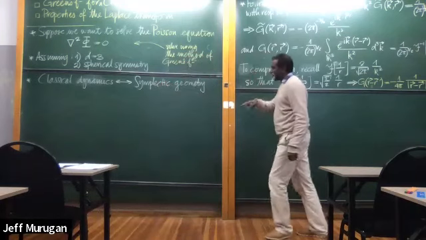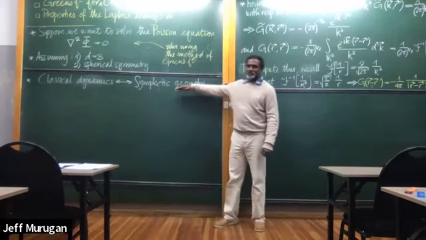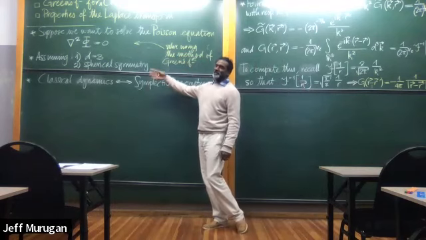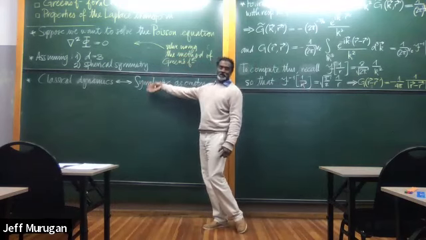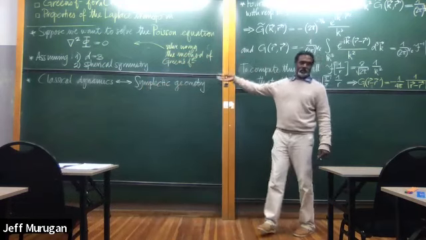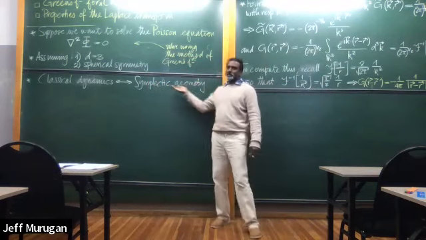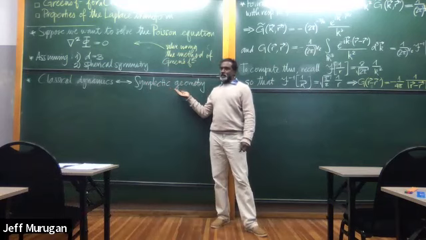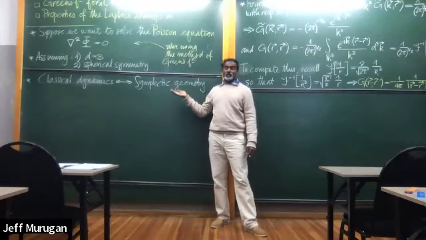Okay. So symplectic geometry is geometry in the space of a particular manifold that's equipped with a particular form, a symplectic form, and the symplectic form is constructed from position variables and momentum variables. So this manifold on which classical mechanics takes place is phase space, and it's coordinatized by position variables and momentum variables.